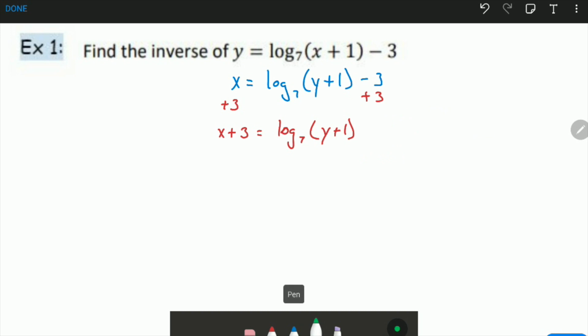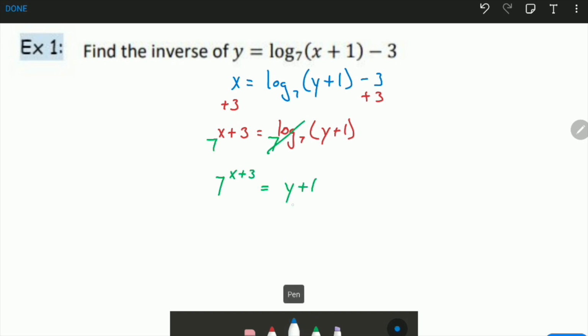Now the inverse of a logarithm is making both sides an exponent of the base. So the opposite of log base 7 is making both sides an exponent of 7. Since exponents are one to one, this is one of the properties that we can apply. 7 to the power of log base 7 will cancel out. On the left side, we can't actually do anything with it, so we'll just stay 7 to the power of x plus 3 equals y plus 1.